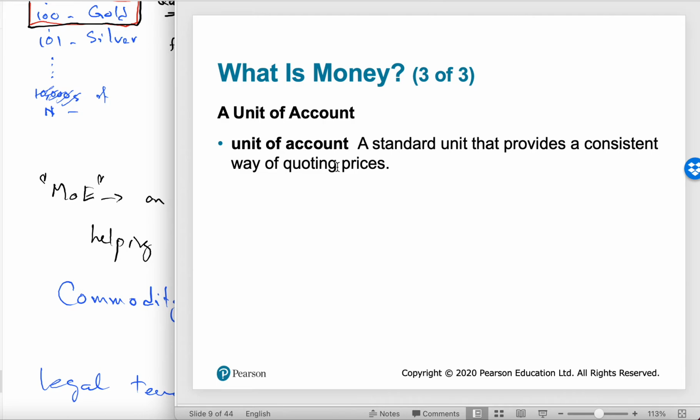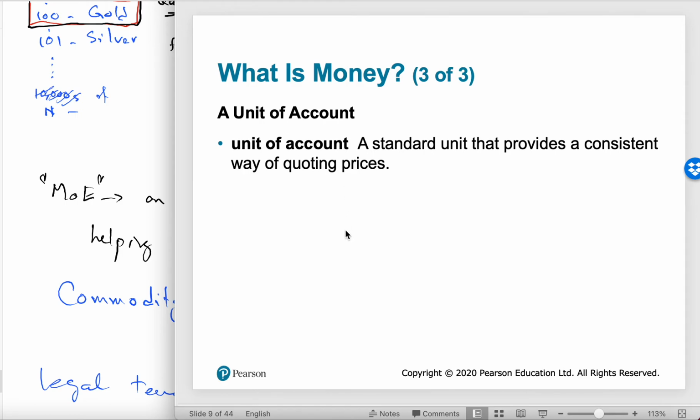Unit of account, we already told you, is a standard unit that provides a consistent way of quoting the prices of everything. So if you pick one item out of n items and say that everything is valued by that specific item, be it gold or silver or Omani Riyal, that is considered a unit of account.